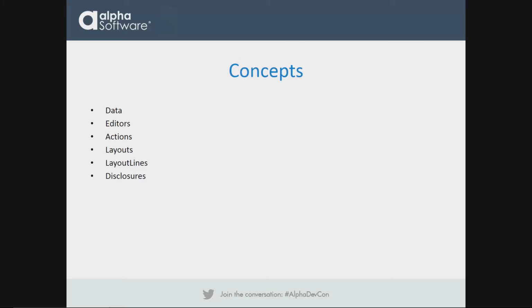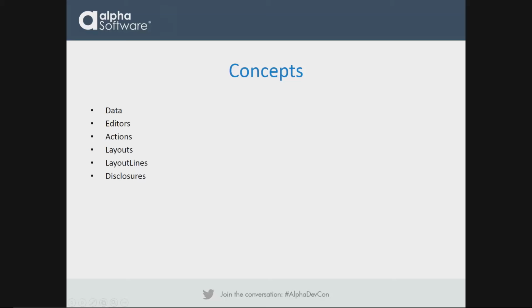So we're going to basically discuss some of the core concepts that are necessary to understand in order to effectively use control bars, and then we're going to just go straight to Alpha and start demoing these concepts.